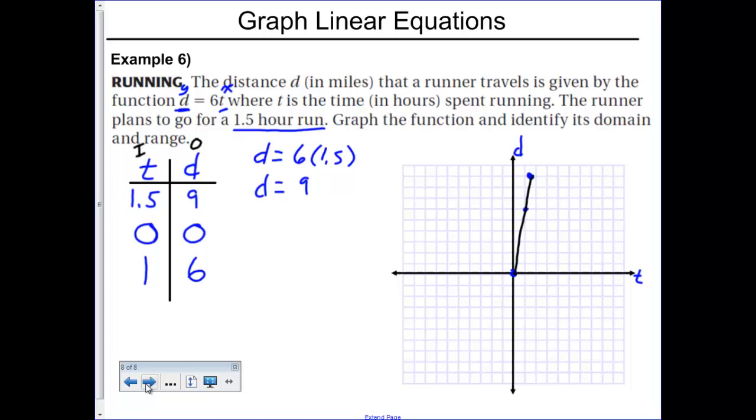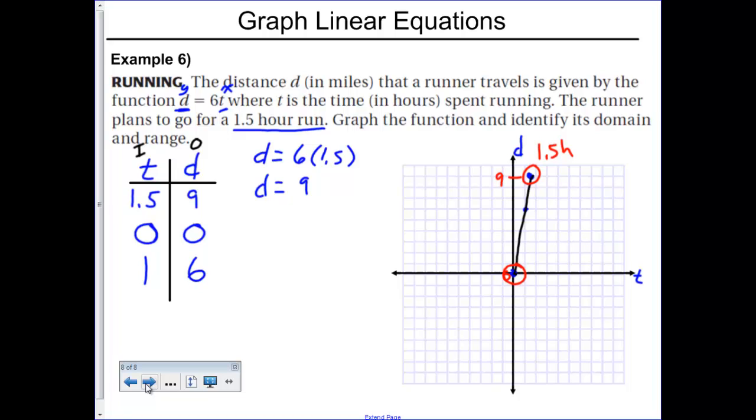But we're not going to put arrowheads on the ends because this line is not going to go on infinitely. We know that the runner can start at 0 hours, and that's the minimum, and is only going to run a maximum of 1.5 hours, which gives us a distance of 9. So we have 0 down here and 9.